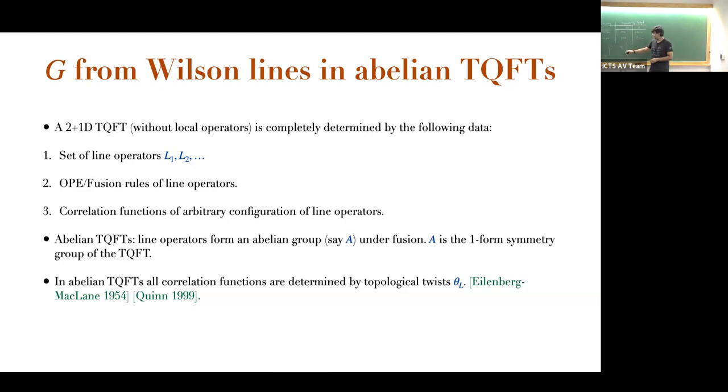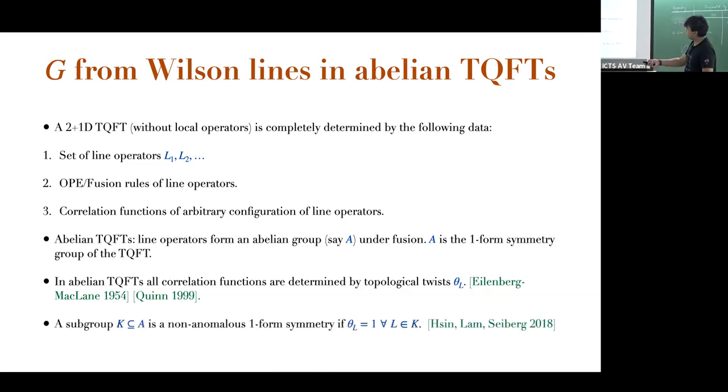If this phase is 1, in the condensed matter literature we would call the anyon for which this is the Wilson line a bosonic anyon. If it's -1, it's a fermion. If it's a generic root of unity, we call it a generic anyon. So for each line, we can specify a root of unity, and if we know the root of unity for each line, we can completely determine all the correlation functions of all configurations of line operators in an abelian TQFT. This is something that we will use.